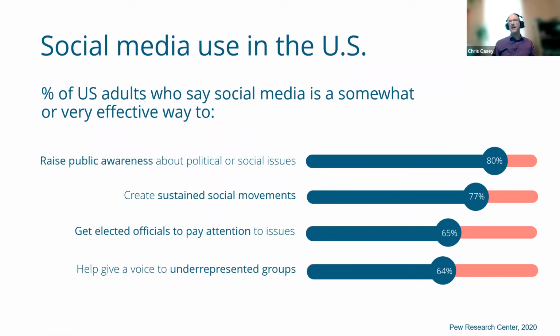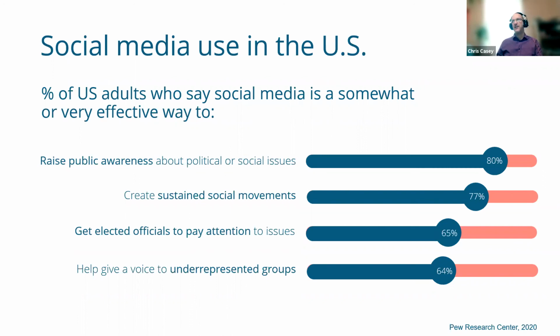So most US adults now believe that social media is either a very effective or somewhat effective way to raise awareness about political or social issues, to create sustained social movements, to get elected officials to pay attention to issues that are important to them, and to help give a voice to underrepresented groups.